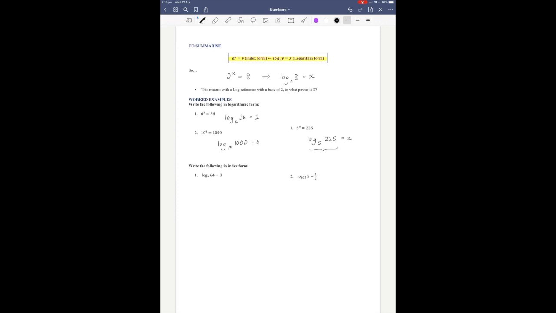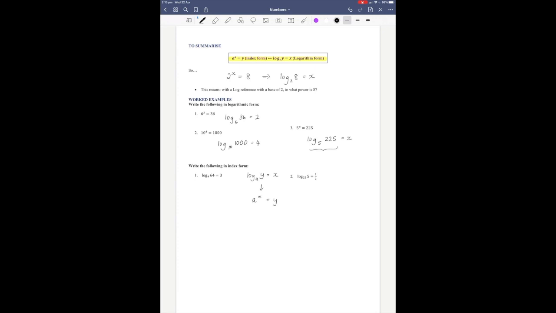So now let's have a go at doing the opposite. We've been given our questions in logarithmic form, and we now need to write them in index form. So remember that log of y to the base a is equal to x, and that's the same as saying a to the power of x is equal to y.